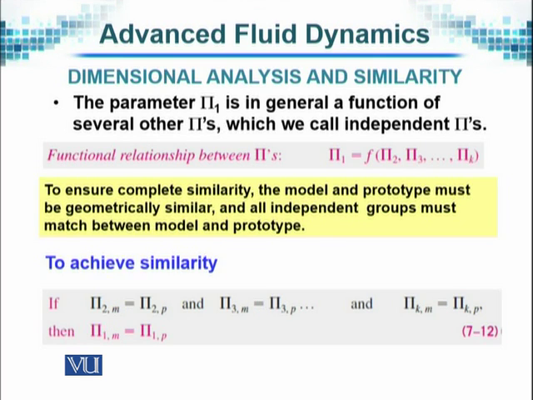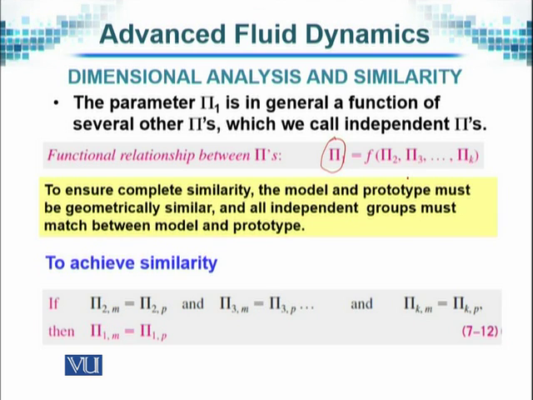So they are the other pi's. So the dependent pi, pi 1, denoted here, is equal to a function of several other variables denoted by pi 2, pi 3, pi 4, and so on. It can be as many as there are.